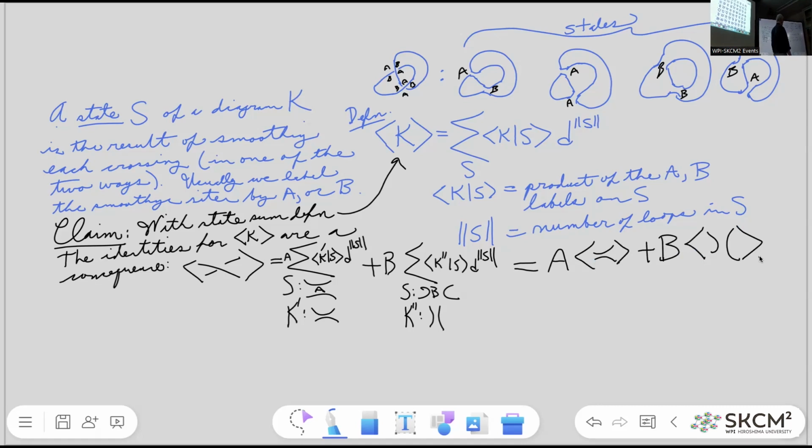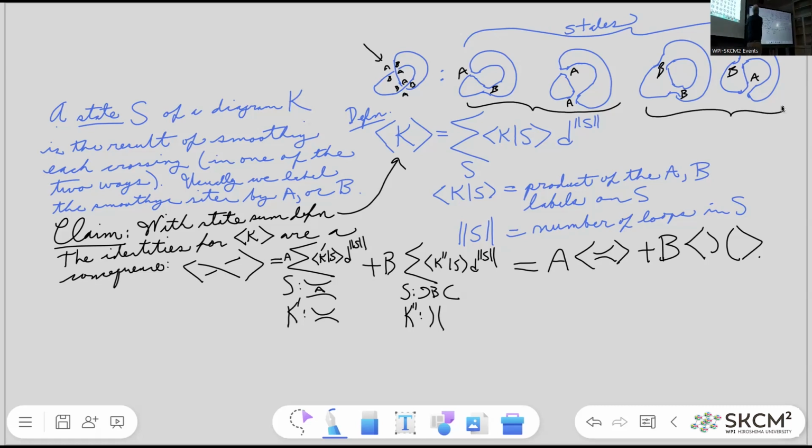If you went up here and said, I'm looking at this crossing here, then I have these states where I made an A smoothing right there, and I have these states where I made a B smoothing right there.